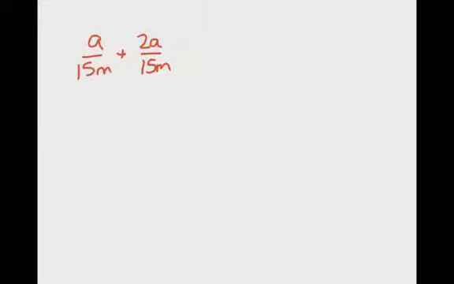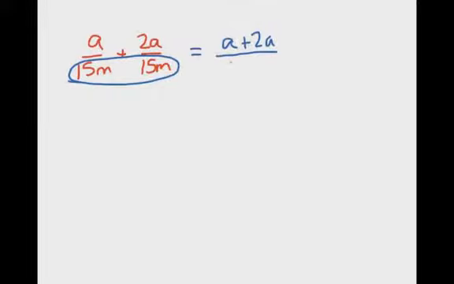We're going to use that same logic when using our rational expressions. So here we have a over 15m plus 2a over 15m. Notice our denominators are the same, so we're going to add our numerators. So that equals a plus 2a over 15m.